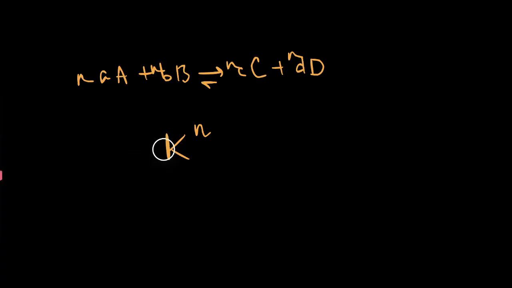And now finally, what if we had two separate reactions? Let's do it this way. Let's say we were taking A and this reaction converts A to C, and B in the separate reaction. This is the first reaction, this is the second reaction.